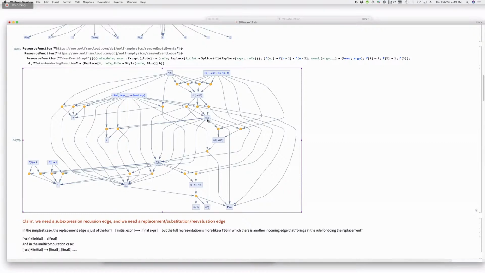Well, it will on f of 2. That's just applying that other rule, the head of args. Yeah, it goes to list head args. Oh, there it goes. I see what's happening. Head of args goes to list head args. So that's basically a formal representation of the sequentiality of the evaluator.